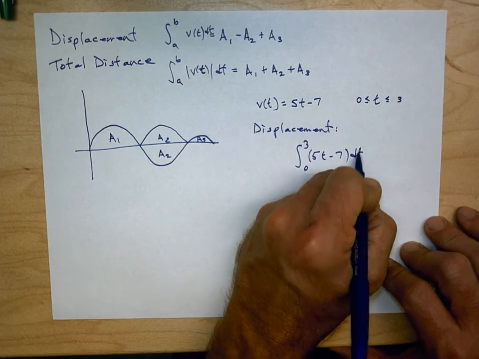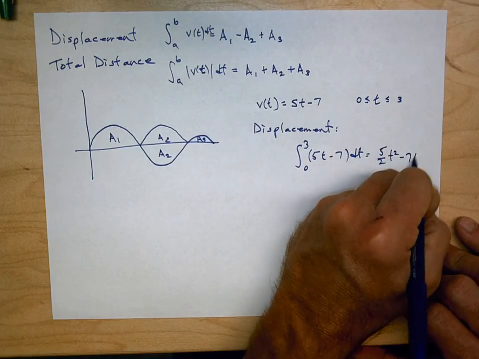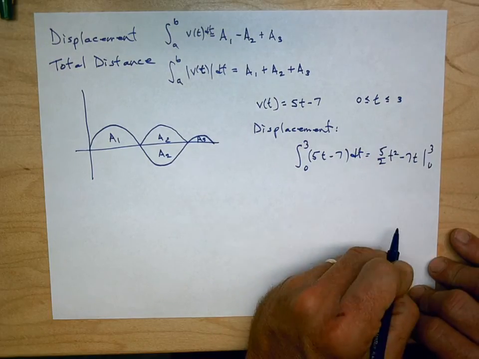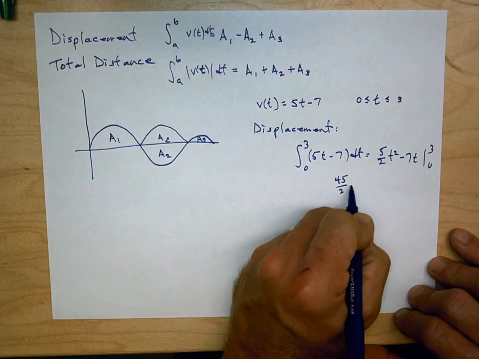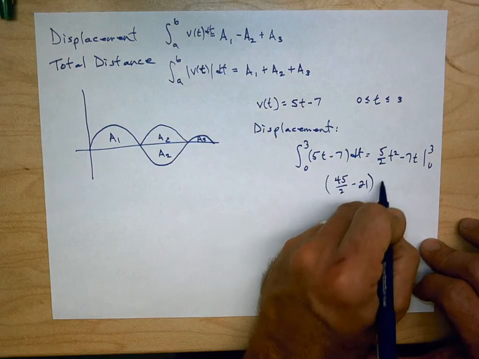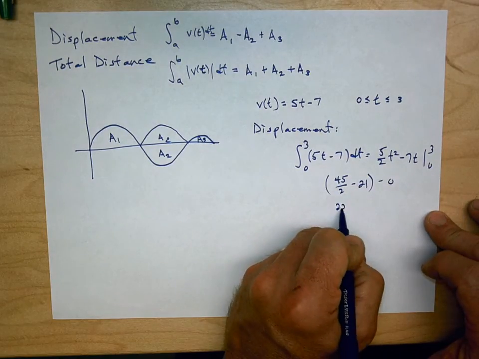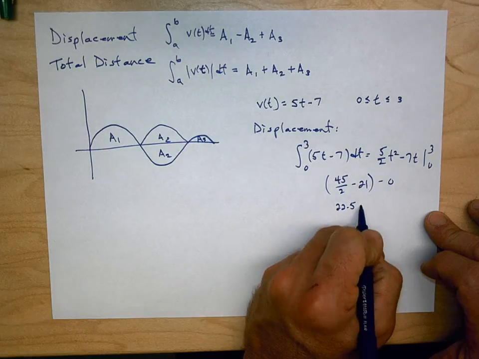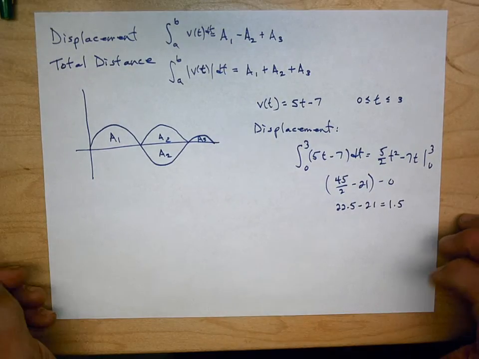That's going to give me 5/2 t squared minus 7t, going from 0 to 3. So that's going to be 45 over 2 minus 21 for that part, and then minus, when I put in 0, I'm just going to get 0. Well, that's exactly 22.5 minus 21. So the total displacement is 1.5.